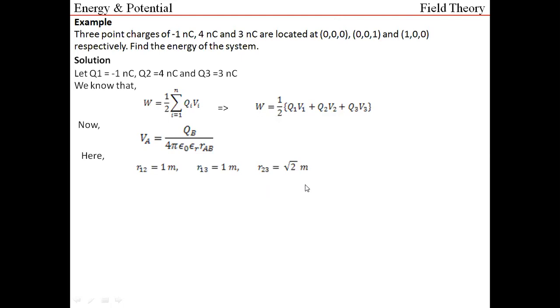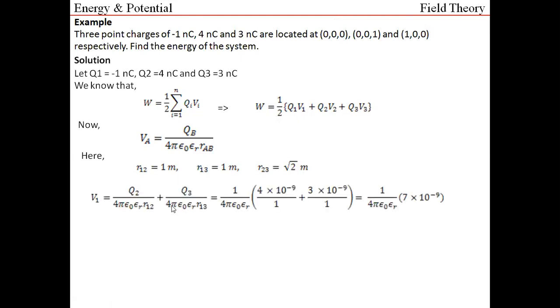Once we have calculated this, let us calculate the values of V1, V2 and V3. So what would be V1? V1 is the potential at point 1 because of charges Q2 and Q3. So it would be Q2 upon 4 pi epsilon 0 epsilon r R12, the potential at 1 because of 2, plus Q3 upon 4 pi epsilon 0 epsilon r R13.